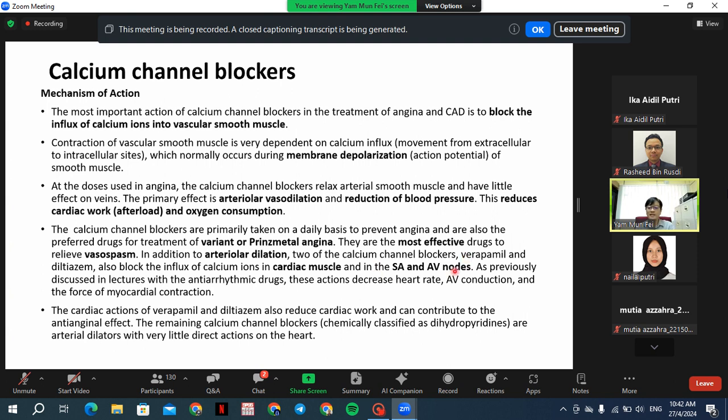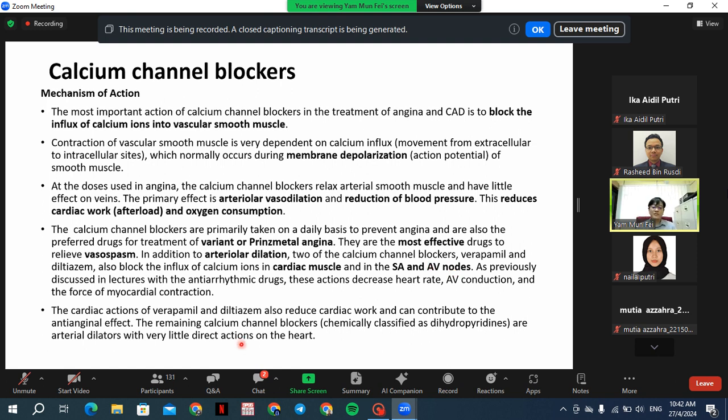The SA and AV nodes are considered pacemaker, so the mechanism and the pattern of action potential are slightly different. So calcium channel blockers might affect not only the action potential in your blood vessel, but also in your pacemaker cell. Okay, quite different.